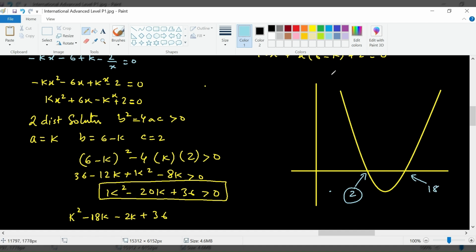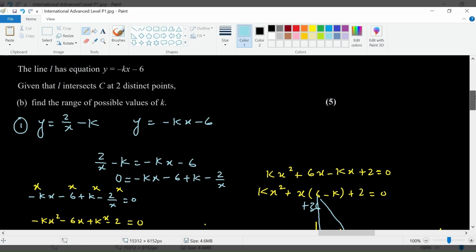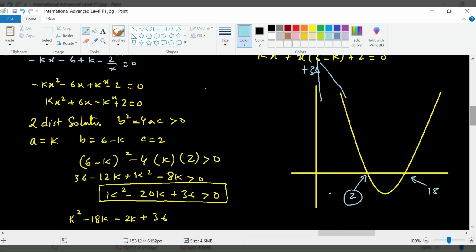And this should be crossing, when this goes up, at plus 36, something like this. Now the question says find the range of possible values of k. So the critical values of k are 2 and 18.